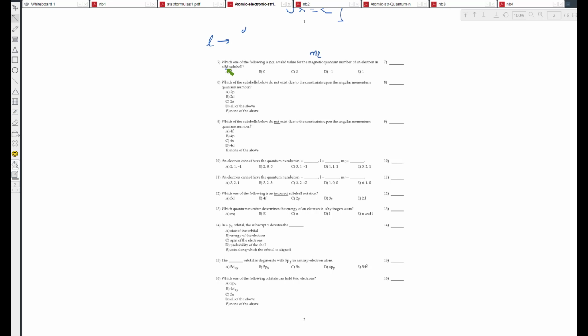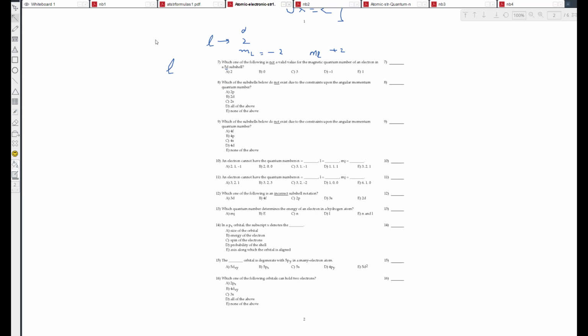S is 0, so D is 2. So what is the ML value for D? -2, -1, 0, and up to +2. All numbers, including zero. So C is the correct answer because C is not possible there. Got it. What about the 8th question?